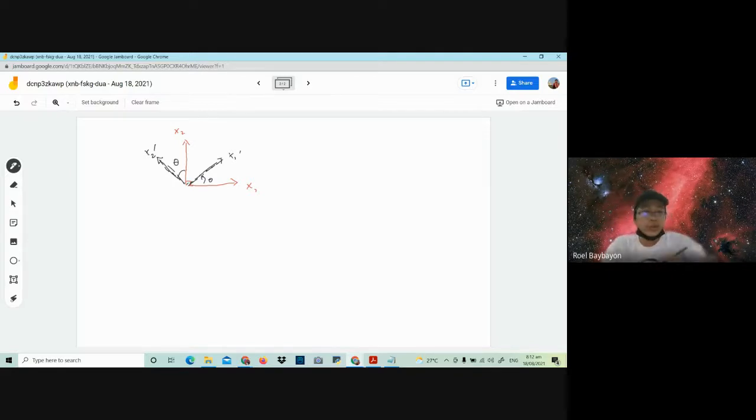Okay? So the question is, what are x1 prime and x2 prime in terms of x1 and x2, and of course this theta. Theta is what connects the primed and unprimed coordinate systems.